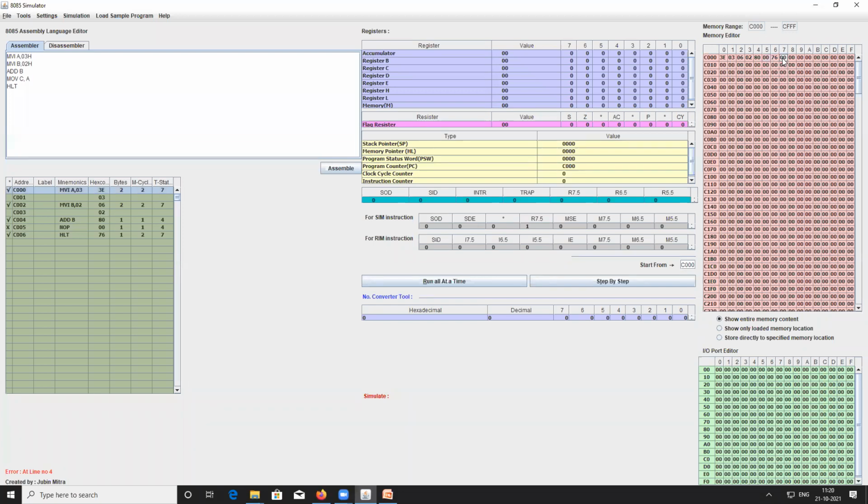These hex codes are stored directly in locations up to C006. But in kit programming, you have to enter the values that way. After this, we have to see the step-by-step execution.